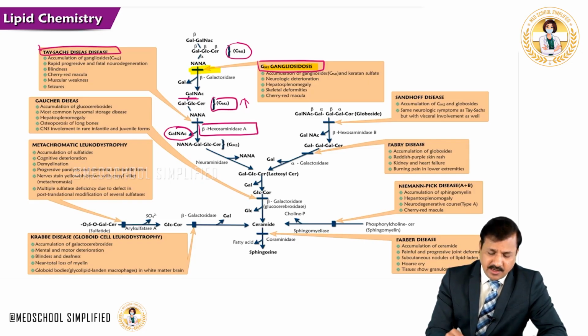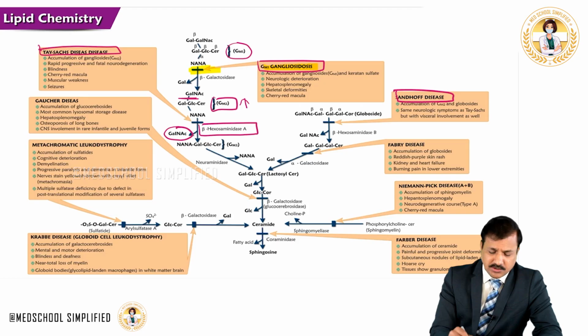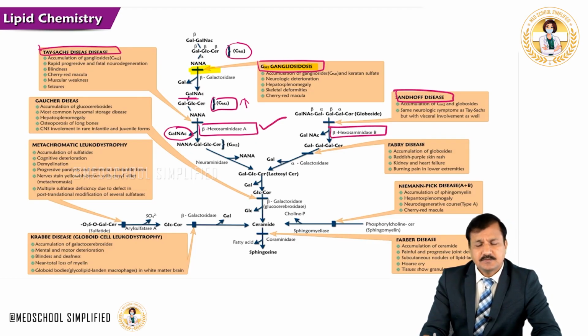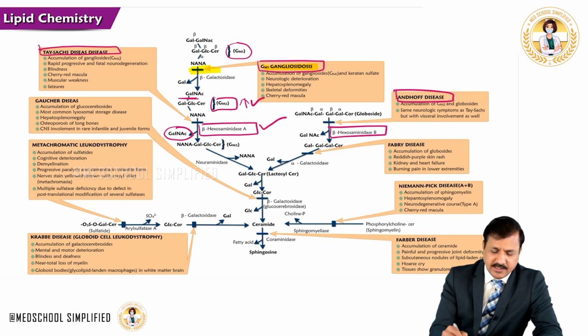Similarly, on the other side, we have Sandhoff disease. Sandhoff disease is because of deficiency in both beta-hexosaminidase A enzyme and also beta-hexosaminidase B enzyme. So because of the deficiency of both enzymes, there will be accumulation of GM2 ganglioside and also globoside.